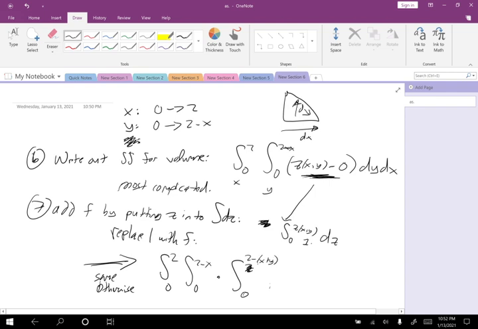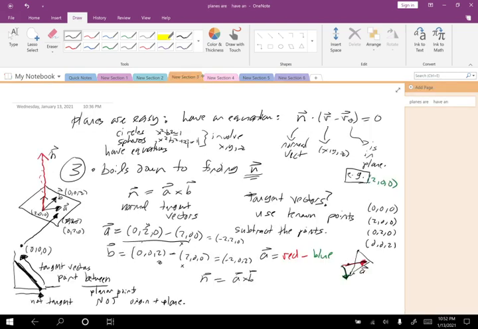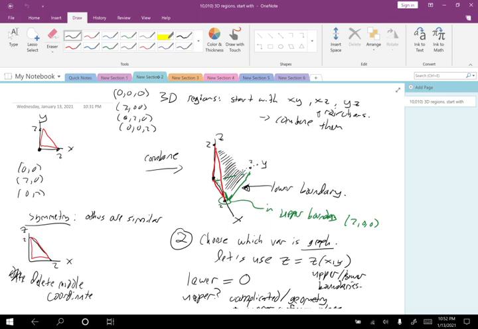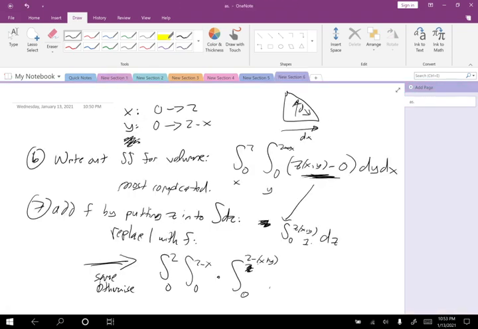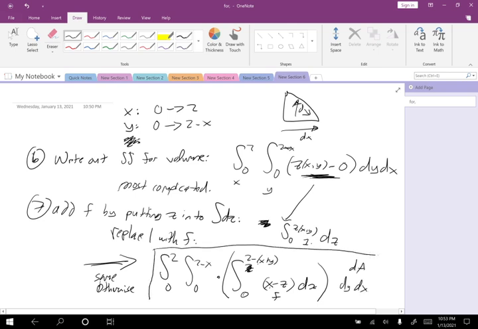And then now we add our f. And if you go all the way back, we have x minus z. That's what we want to integrate. So our f is x minus z. And now we put our dA, which is dy dx. So that is our triple integral.